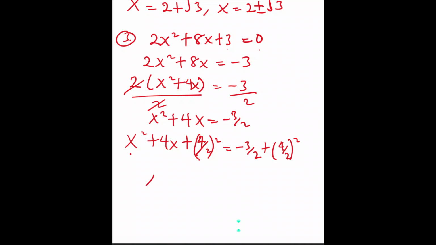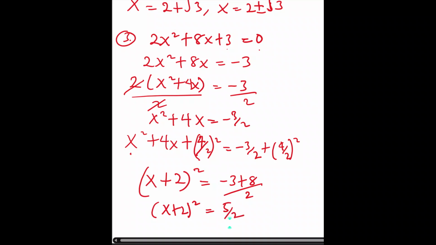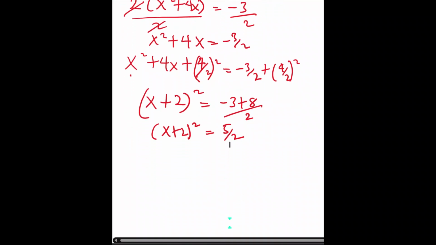The half of 4, 4 divided by 2, is 2, right? And 2 squared is 4. So that will be, sorry, x plus 2 all squared is equal to (minus 3 plus 8) over 2. So x plus 2 all squared is equal to 5 over 2.